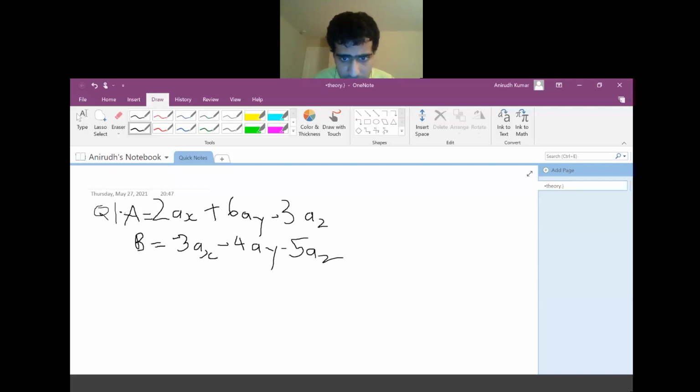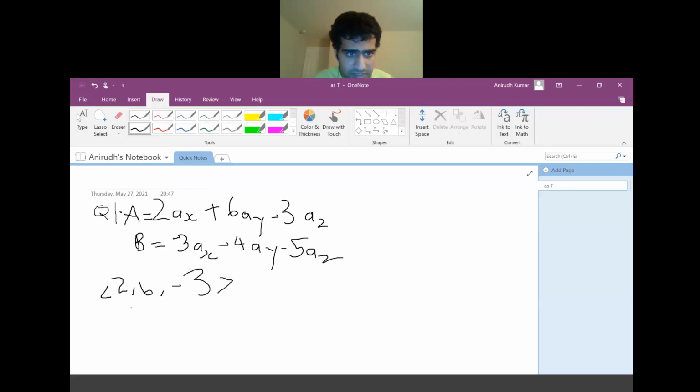And you are asked to solve for three different things. You are asked to solve for A minus B, the magnitude of A plus B, and the magnitude of A plus 3B divided by A plus 3B divided by B. First of all, before I solve this problem, I wanted to iterate something you should be careful about: I can express something as 2, 6, minus 3 like this.